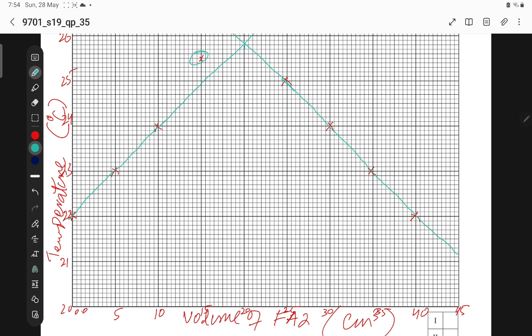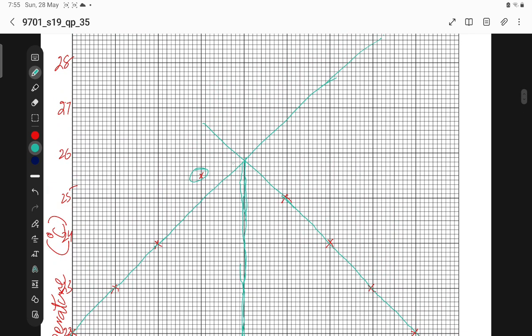So we use this point to measure the volume of Fa2. This is the end point of this neutralization. So it means 20 centimeter cube of Fa2 is required to neutralize the Fa1 solution. Now this is the temperature of the solution at the end point.